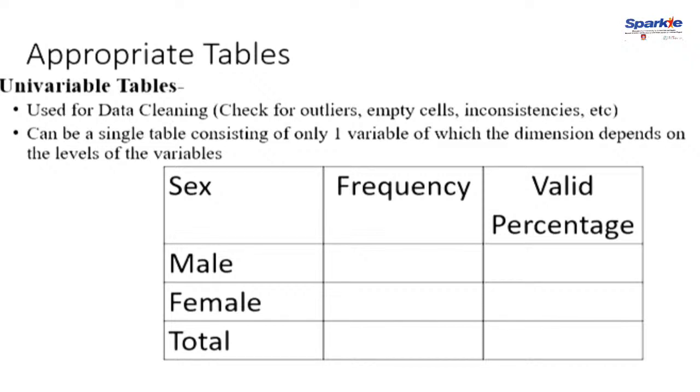What is the dimension of this table? 3 by 3 by 3. No, 3 by 4. Really? It's 4 by 3. You mentioned the row before the column.